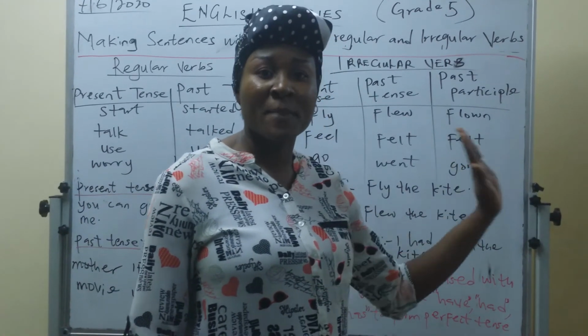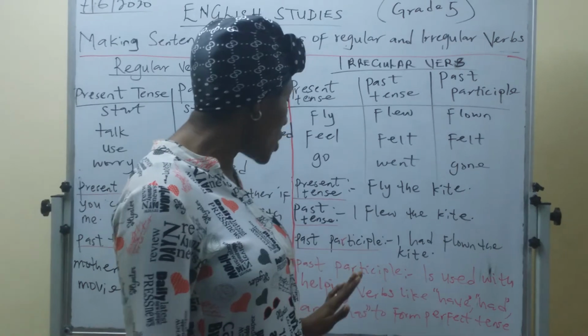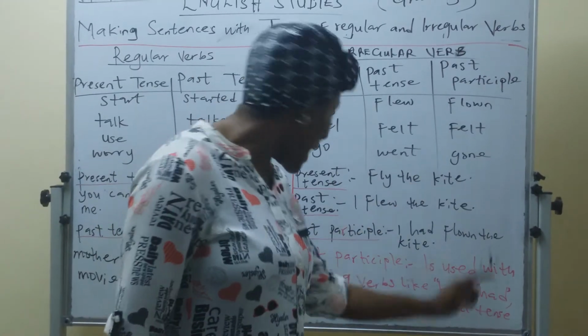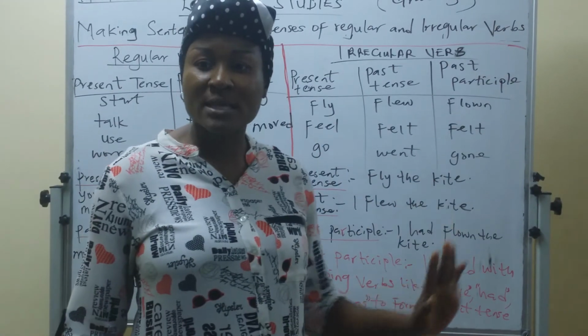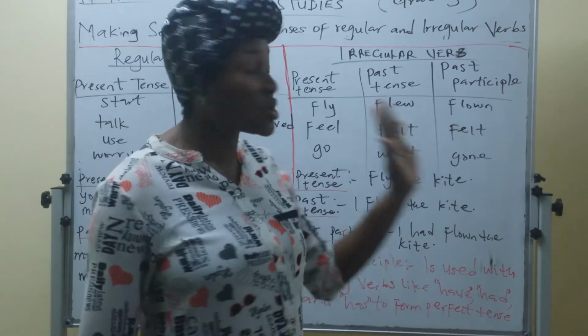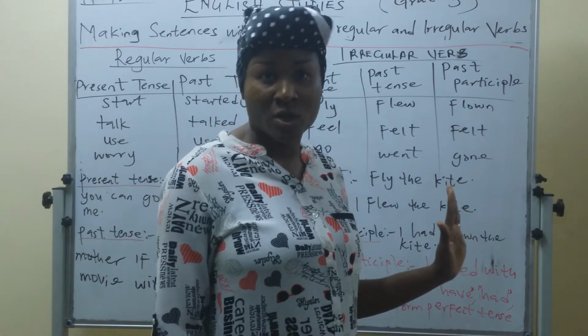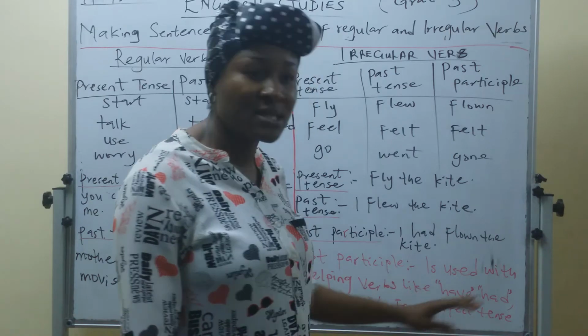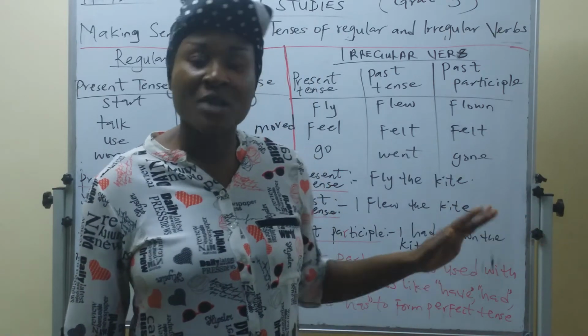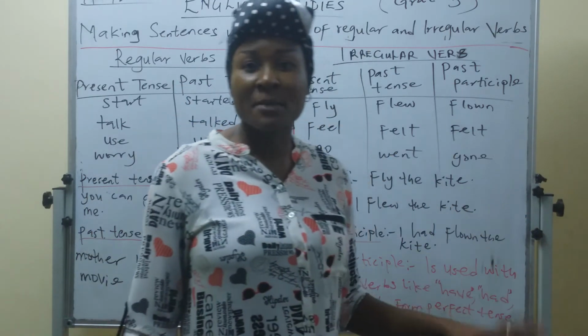To form a perfect tense, we use have, had, or has. You use have or has for the present perfect, and you use had for the past perfect.